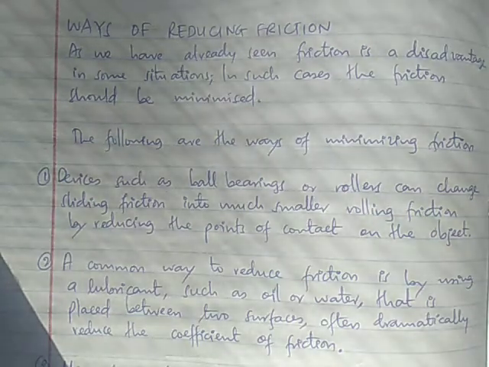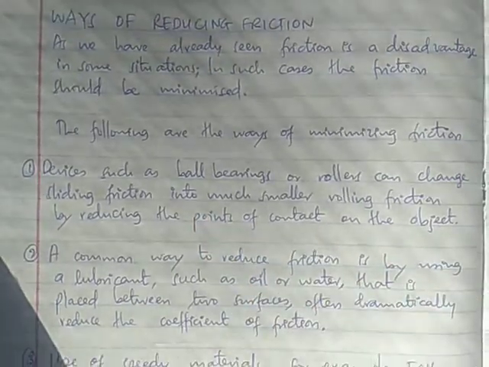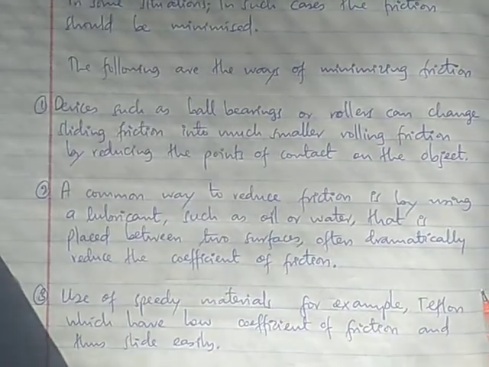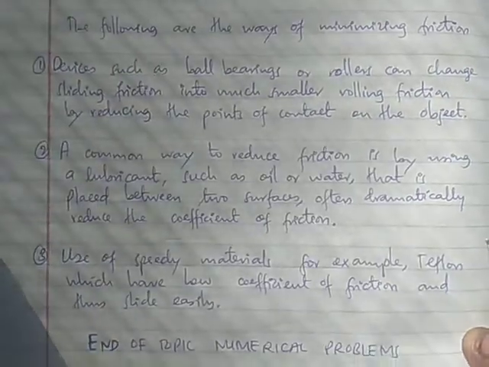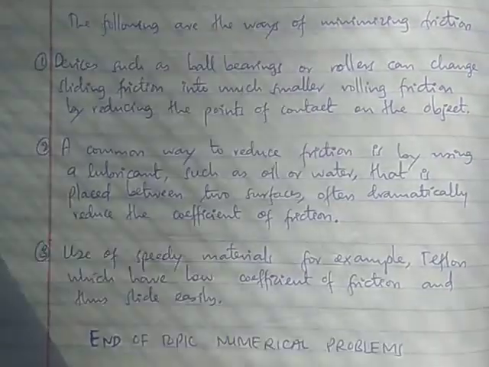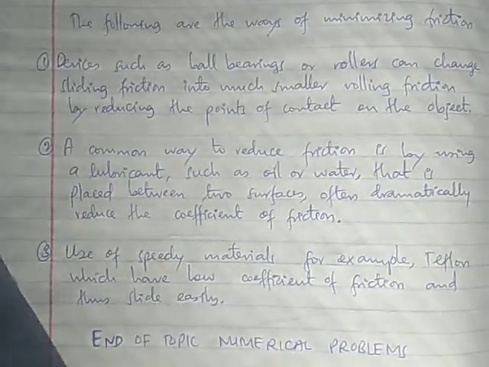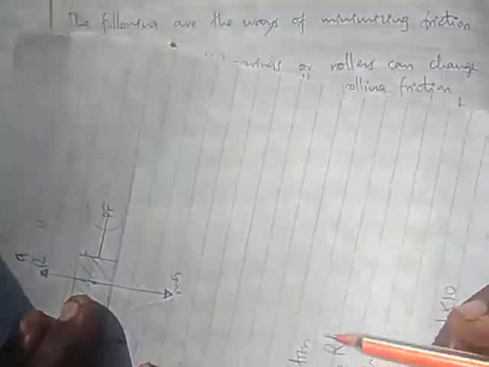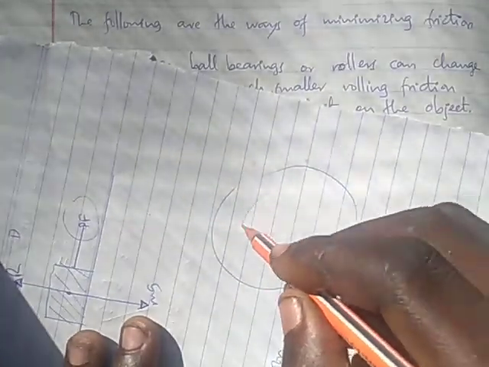Kwa hiyo kwanza tunasema kwamba devices such as ball bearings or rollers can change sliding friction into much smaller rolling friction. So I know inawezekana hujawahi kujua roller ni nini, lakini in machines kuna vitu, especially kama kwenye magari, vinaitwa ball bearing.